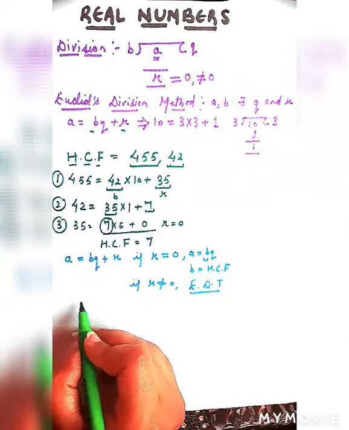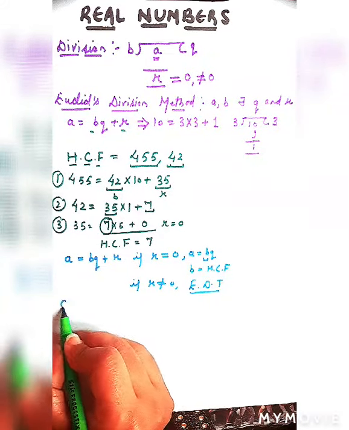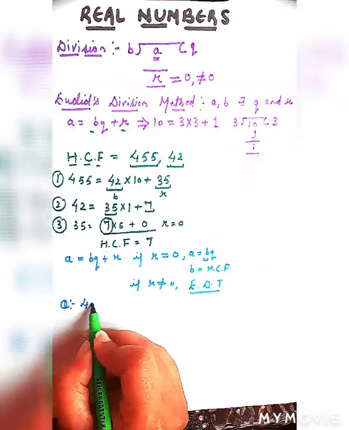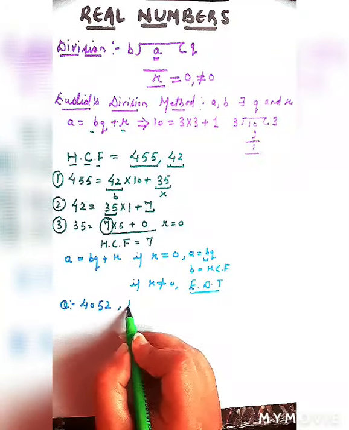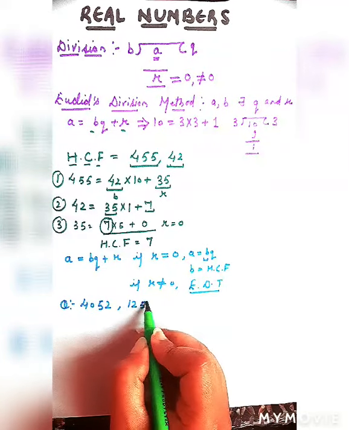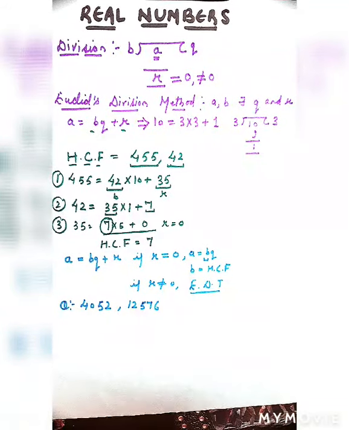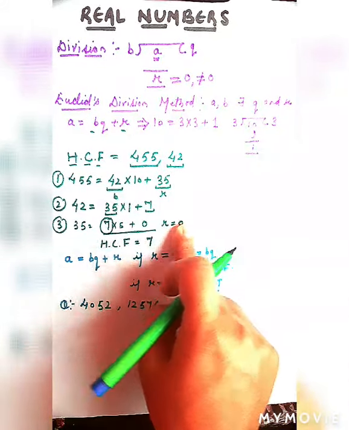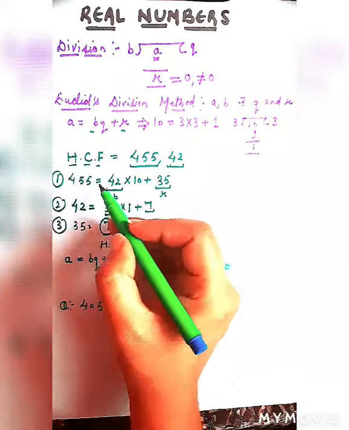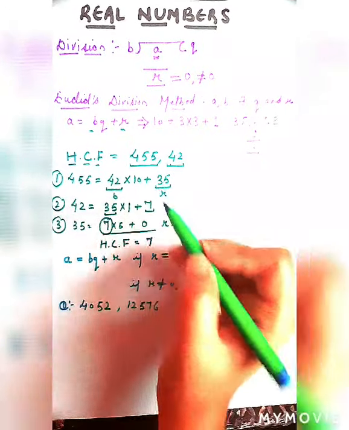Fine. Let us take another example of two numbers, 4052 and 12576. Again we'll follow Euclid's division method. Our first step is to choose the larger number.